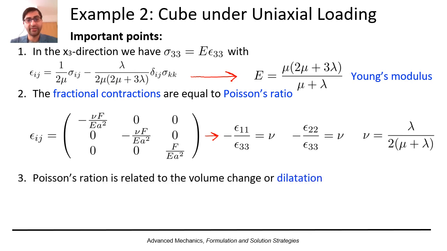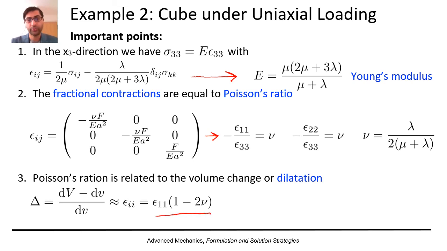And third, Poisson's ratio is related to the volume change or dilation. We've already seen that dilation is epsilon, the trace of the strain tensor, and in this case it becomes epsilon 1 multiplied by 1 minus 2 nu.